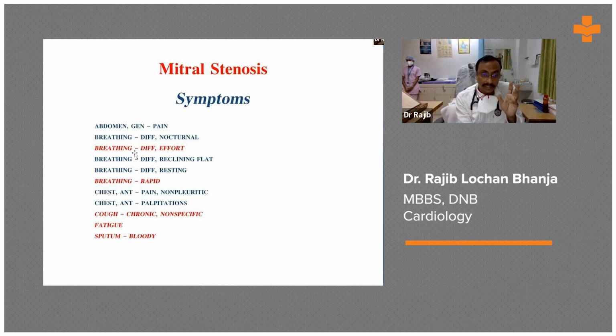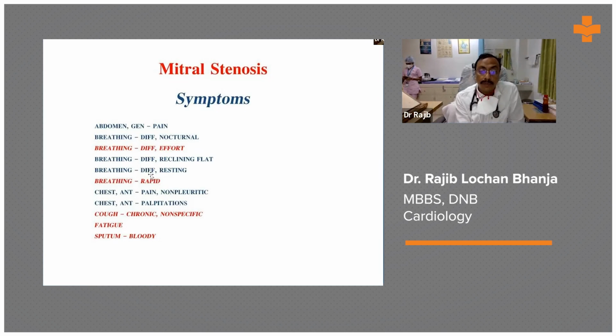According to the history, there is a past history of rheumatic heart disease and an acute presentation of dyspnea, some pedal edema, fatigability, and some palpitation. We ask the patients about previous history of joint pain and fever in childhood.